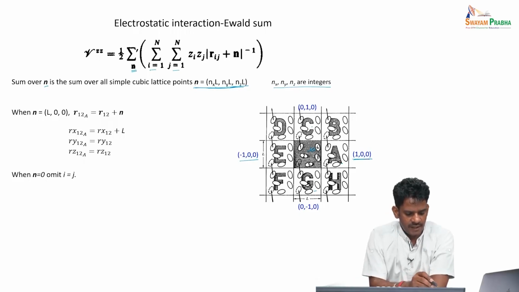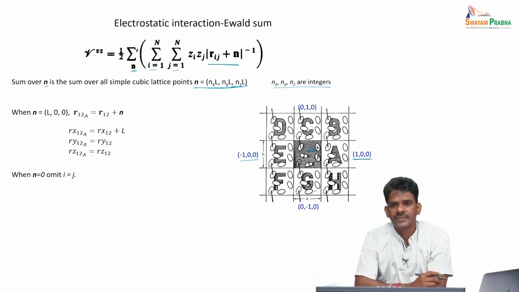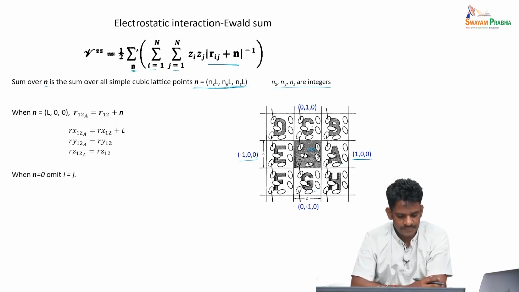So here is an example of what we mean by this vectorial separation distance between i and j. This i and j includes not only the central simulation box, but also the neighbors.